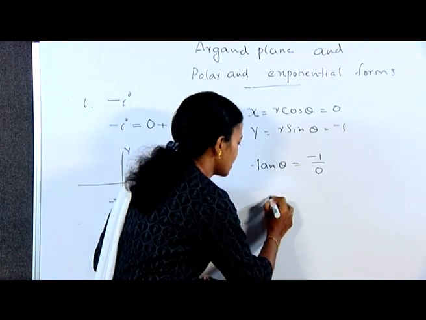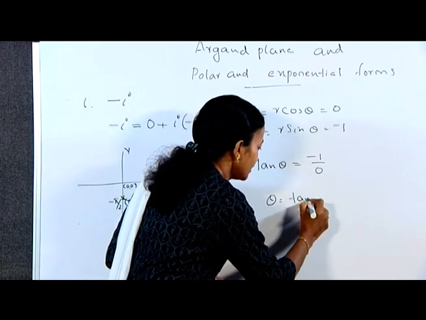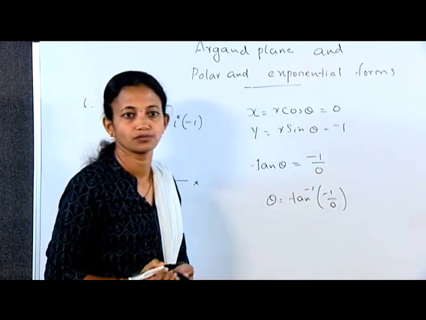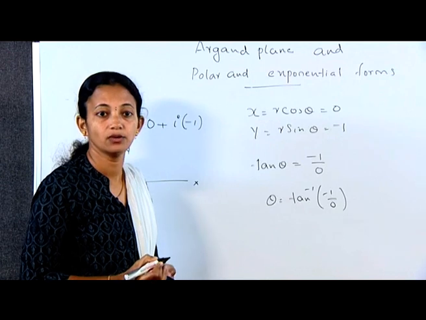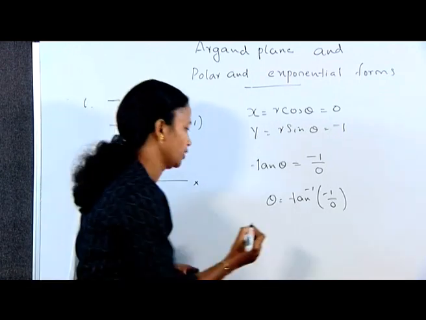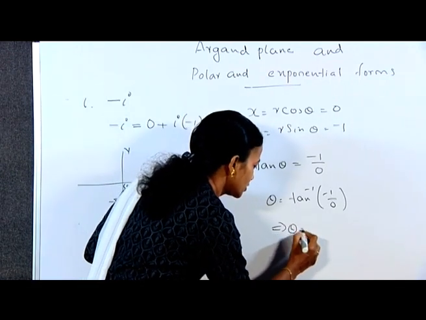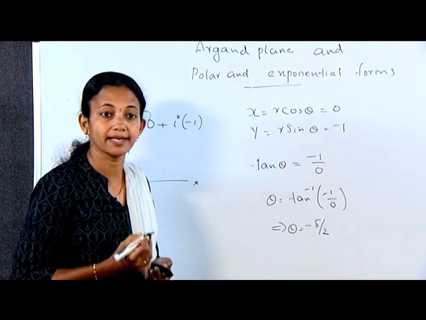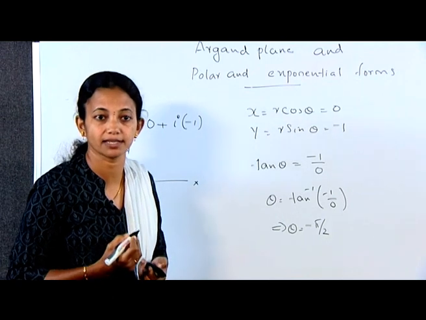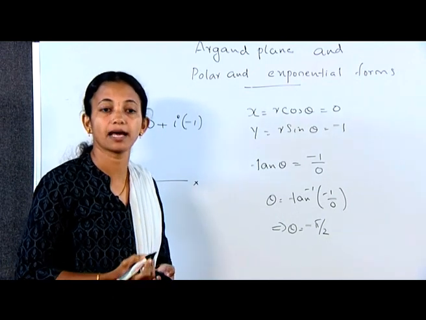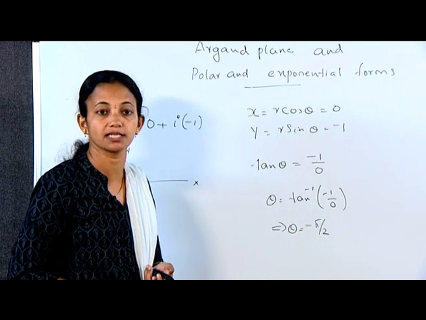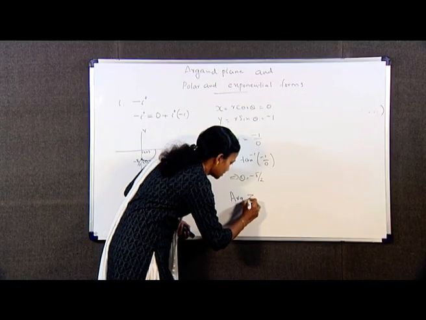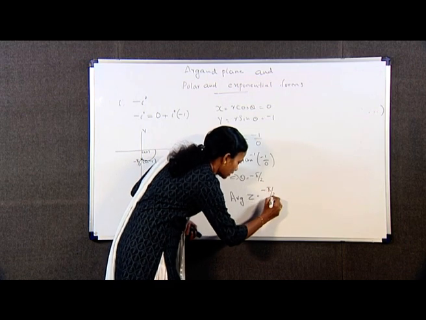Therefore, we can write theta is equal to tan inverse of minus 1 by 0, which gives the value theta is equal to minus pi by 2. As minus pi less than minus pi by 2 less than or equal to pi, the principal amplitude is argument of z is equal to minus pi by 2. That is Arg z is equal to minus pi by 2.